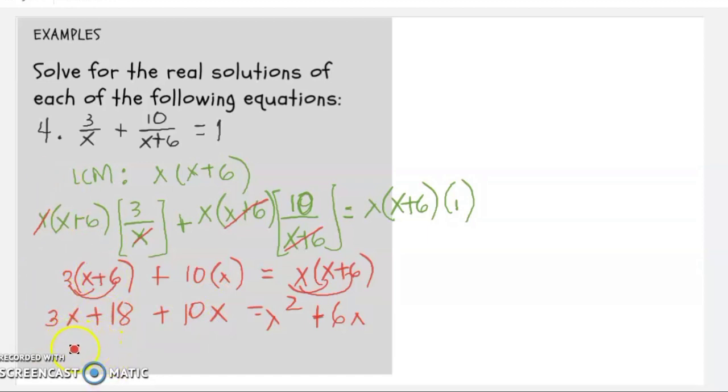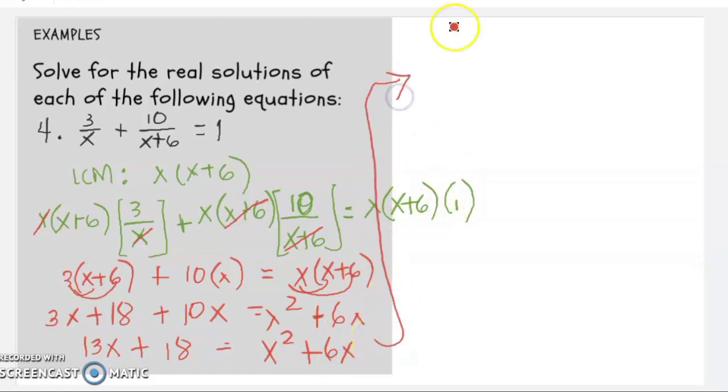13x. Sulat na natin. So, 13x plus 18 is equal to x squared plus 6x. So, pwede na natin siyang isulat. Idudugtong ko na dito sa taas, ha? So, we have, sulat ko na siya as standard form.